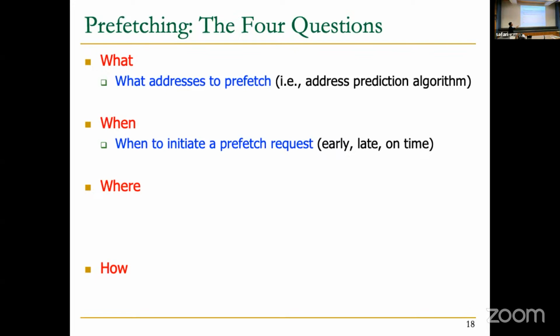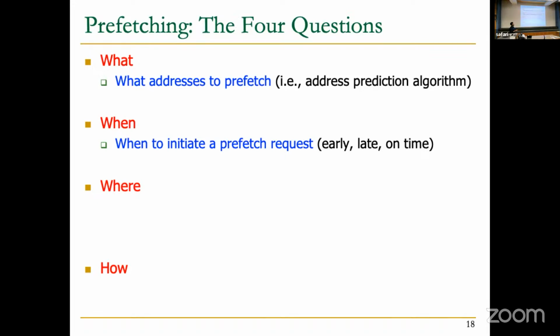Similarly, in this case we have to anticipate early enough so that by the time the data comes back, the processor demands it at the same time. Ideally we want it to be exactly on time, where the prefetch request fills the data exactly when the processor is demanding it.